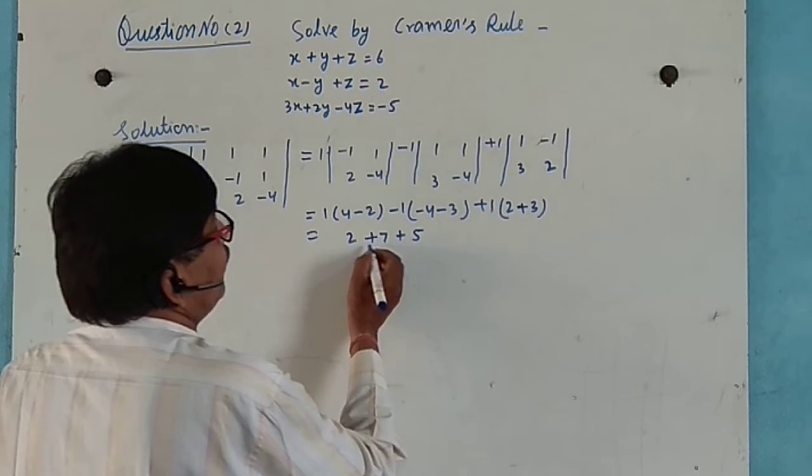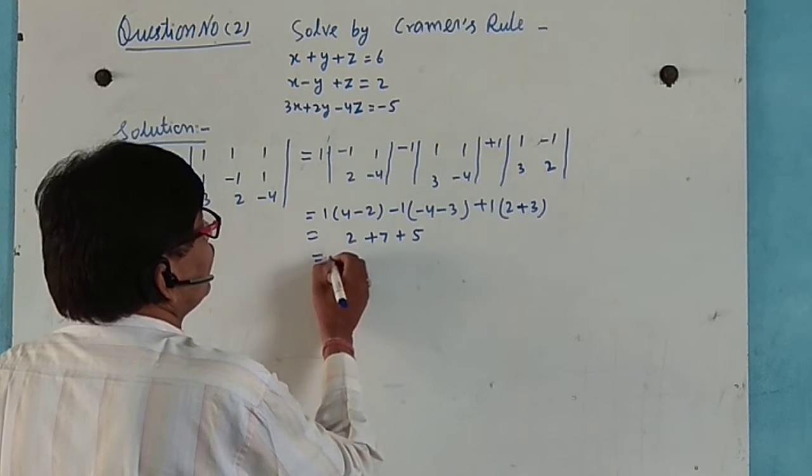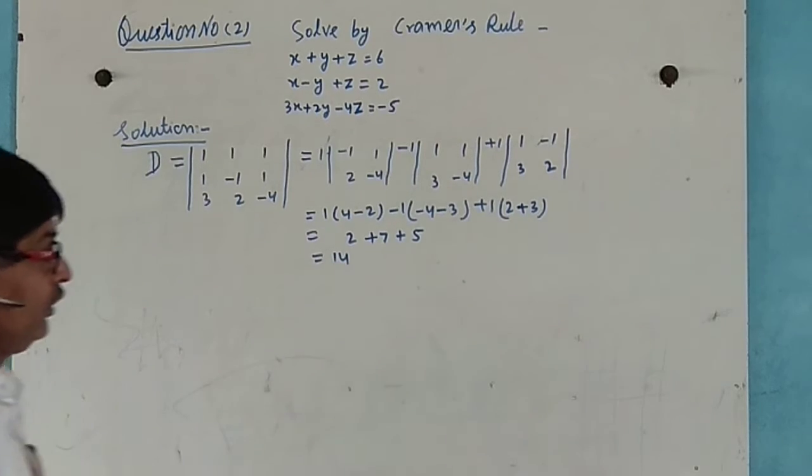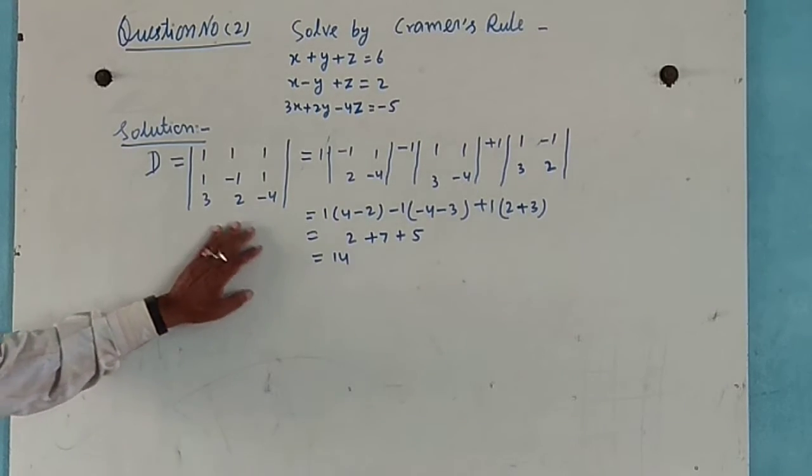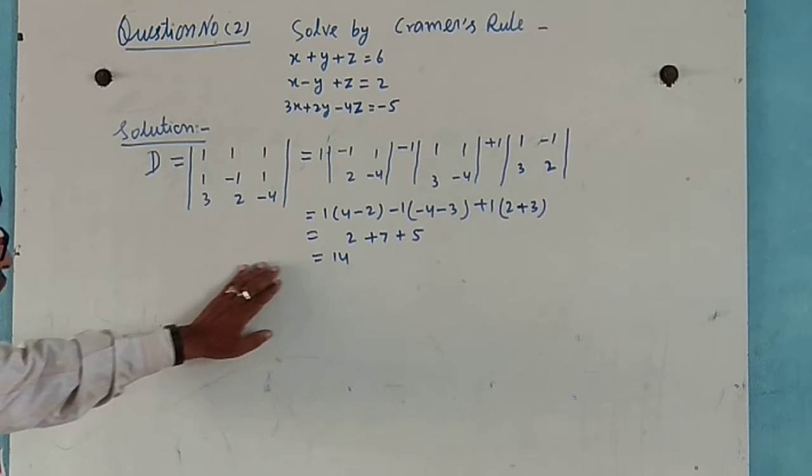So this equals 2 plus 7 plus 5, that is 14. The value of the determinant D is equal to 14.